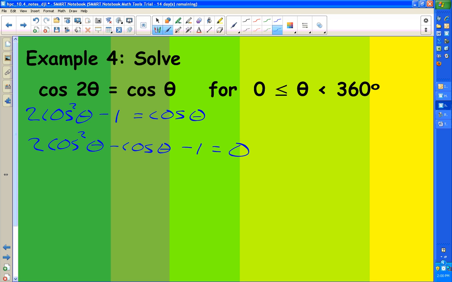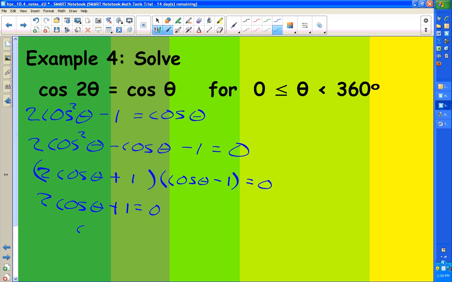When you factor, you get 2 cos theta minus 1 times cos theta plus 1 equals 0.